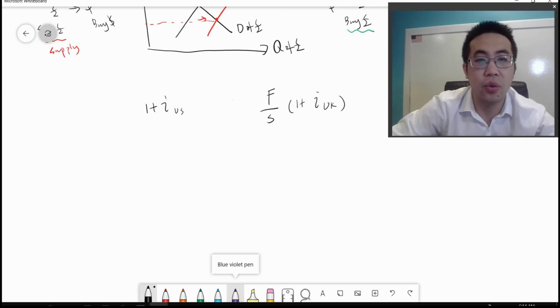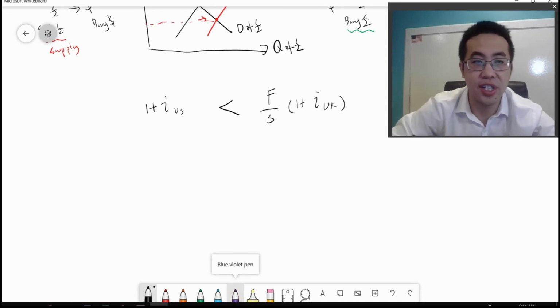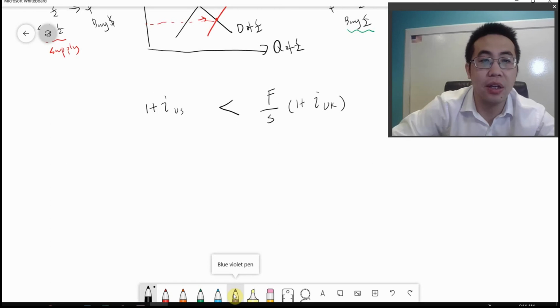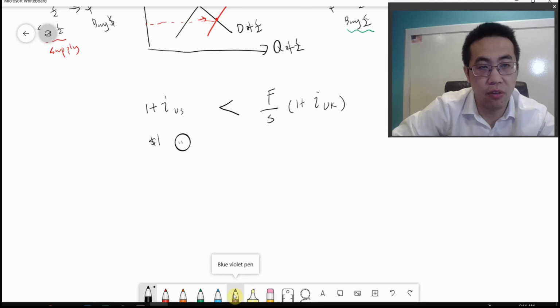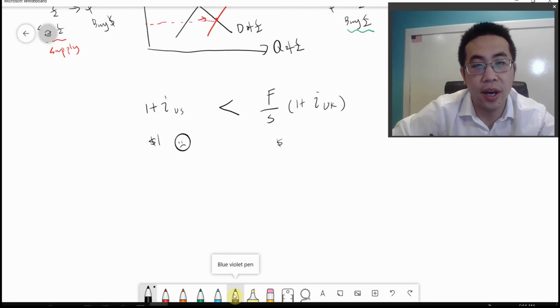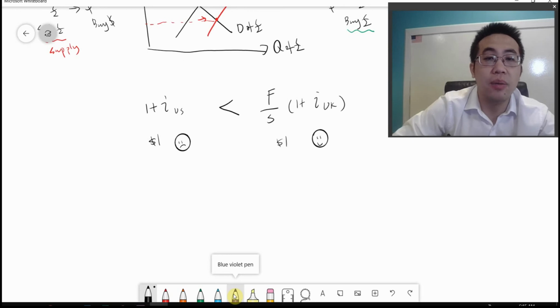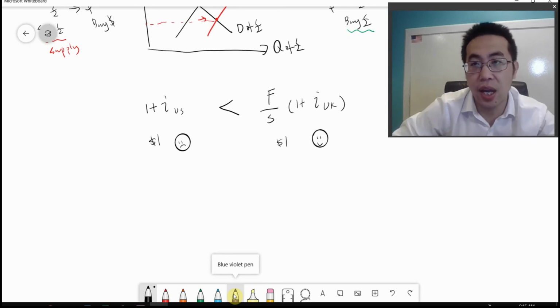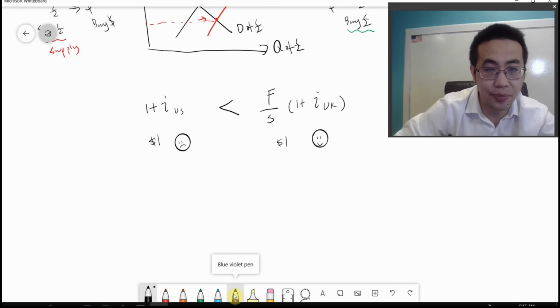So if the right-hand side is greater than this time, then what would happen? So that means $1 stay in the US would make a less return for you than $1 invested in the UK. Okay, so people will borrow from US and then invest in the UK for the higher return over there.